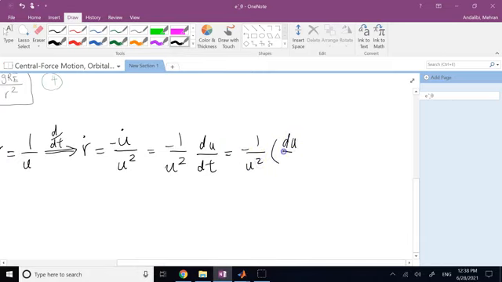Okay, so here I'm trying to use the chain rule. Now, if you remember, your theta dot was what? Was R naught V naught over R squared. You can also, in terms of this new variable, you can write your theta dot, since 1 over R is U, you can write it as R naught V naught U squared, right?